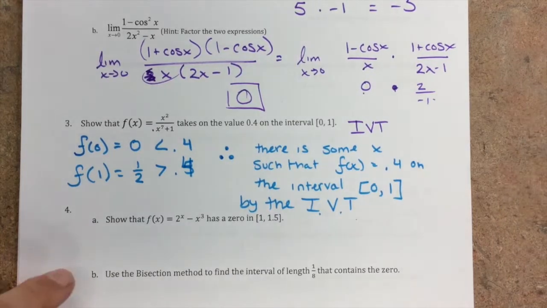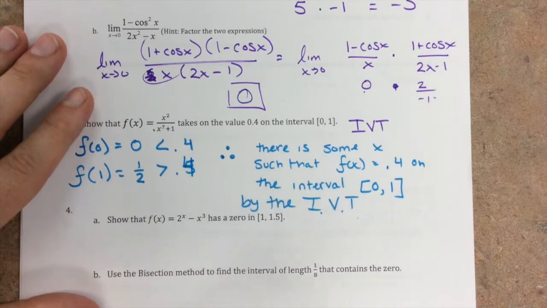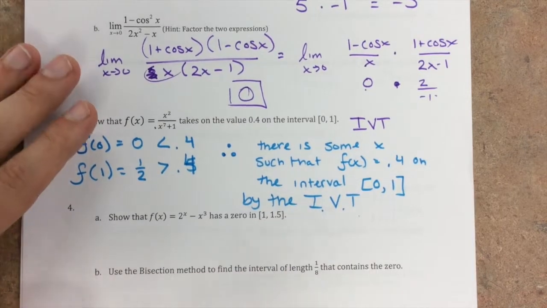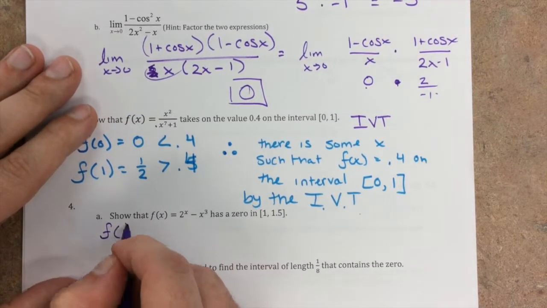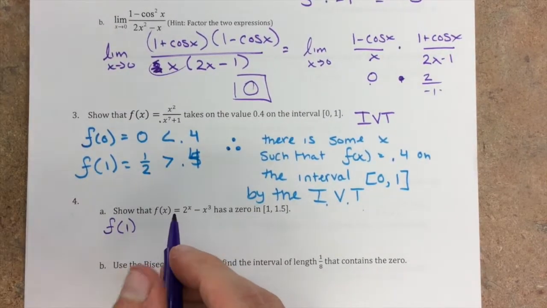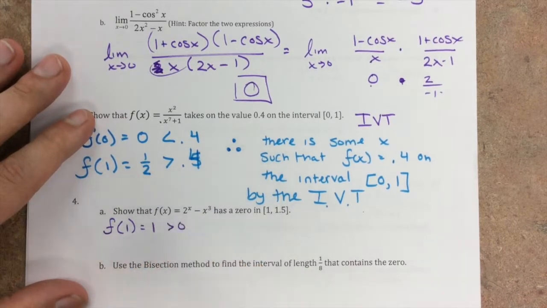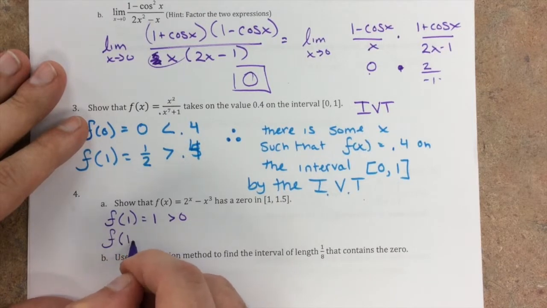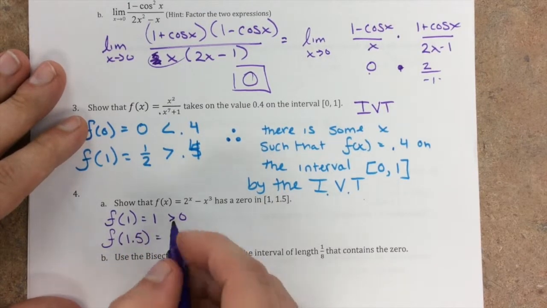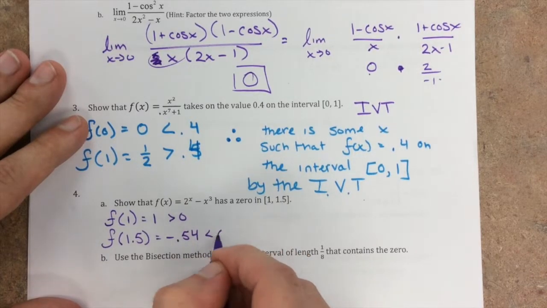All right, 4a, show that this function has a 0 in 1 to 1.5. So what is f of 1? If we plug in f of 1, we get 1, so that's obviously greater than 0. If we plug in f of 1.5, that is negative 0.54, which is less than 0.